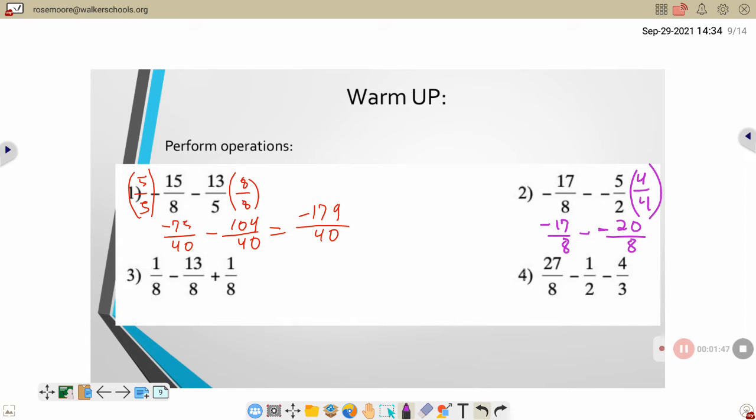So when I have negative 17 minus negative 20, I end up with 3 over 8. So that's the answer to that one. Also irreducible. Number 3 is a bit of a lifesaver because the denominators are the same, so I just have to make sure to do order of operations correctly. 1 minus 13 plus 1 is negative 11 over 8, also irreducible.